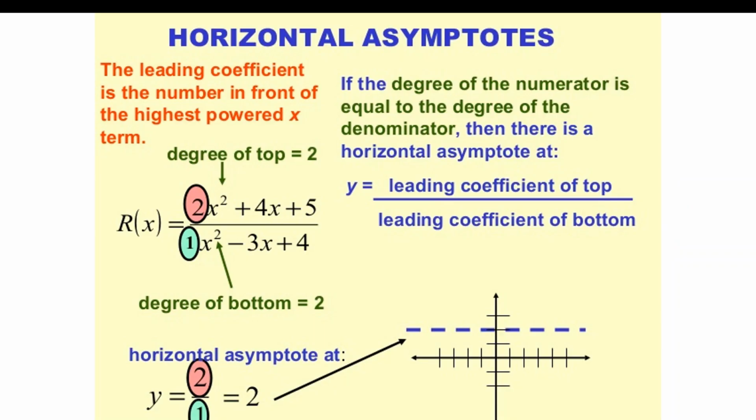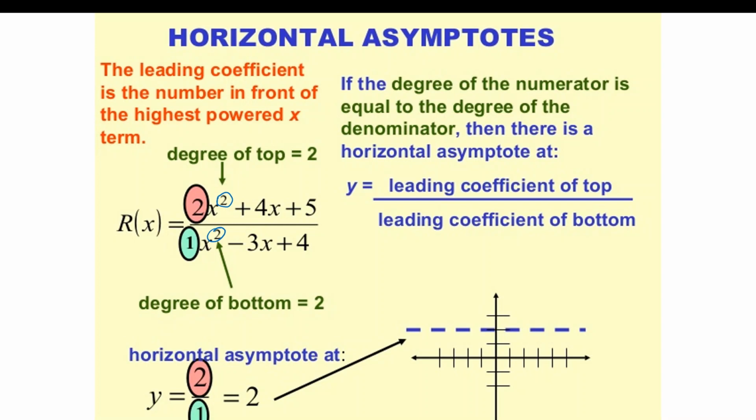Here's another way of saying it. The leading coefficient is the number in front of the highest powered x term. So in our sample here, the degree of the top is equal to 2, all right? And the degree on the bottom is also equal to 2. So the rule says that if the degree of the numerator is equal to the degree of the denominator, then there is a horizontal asymptote at y equals the leading coefficient of the top part divided by the leading coefficient of the bottom.